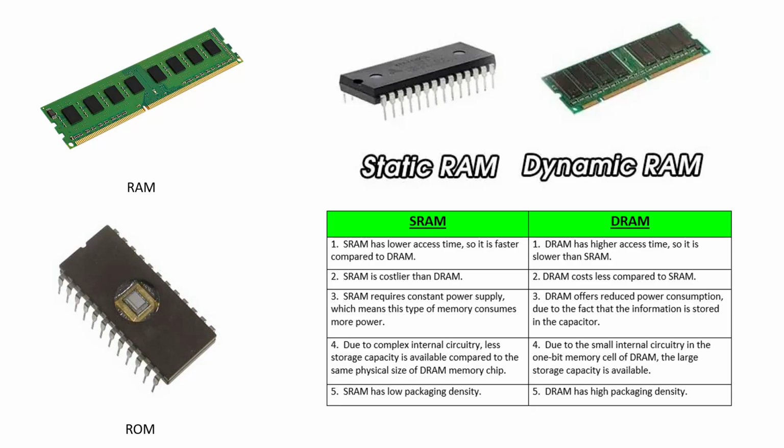Due to small internal circuitry in the 1-bit memory cell of the DRAM, the large storage capacity is available, and it has a high package density. Most modern computers use dynamic RAM because they are cheaper to use as main memory. You will find SRAM memory types used as cache memories.